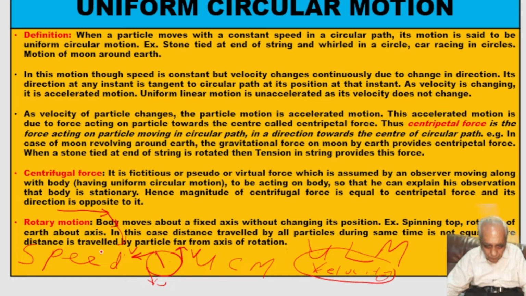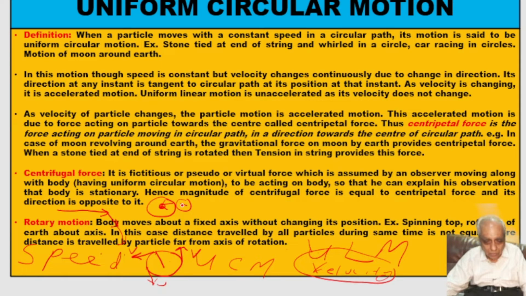As the electron is rotating in the circle, some force is acting on it. So which is that force? The nucleus is positive, the electron is negative, so there is a force of attraction towards the center. So the electron is being attracted towards the center. At this point, this is the force, and this is the center. So there is always a force towards the center, and the electron is moving in a circle.